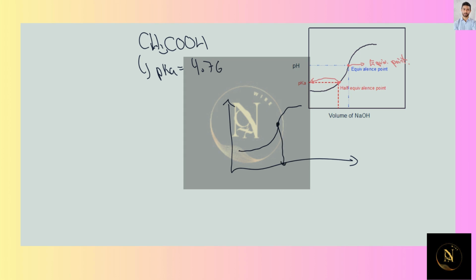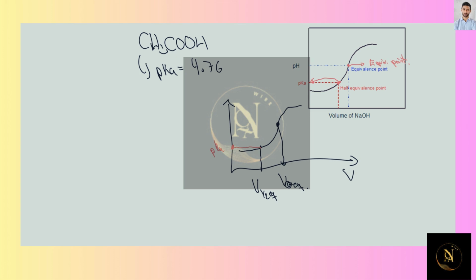You're going to go down here and look at the volume at equivalence, and then look at what is going to be the pH at the volume of the half equivalence point. You're going to simply divide that volume by half, and the point over here is going to be your pKa.